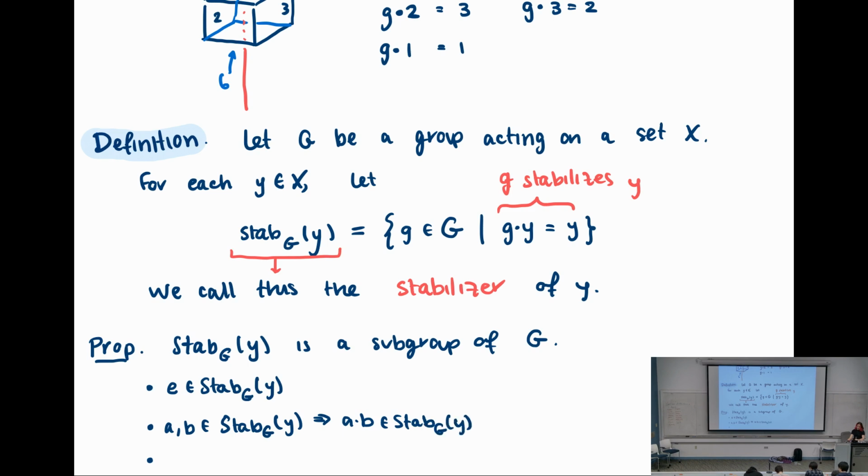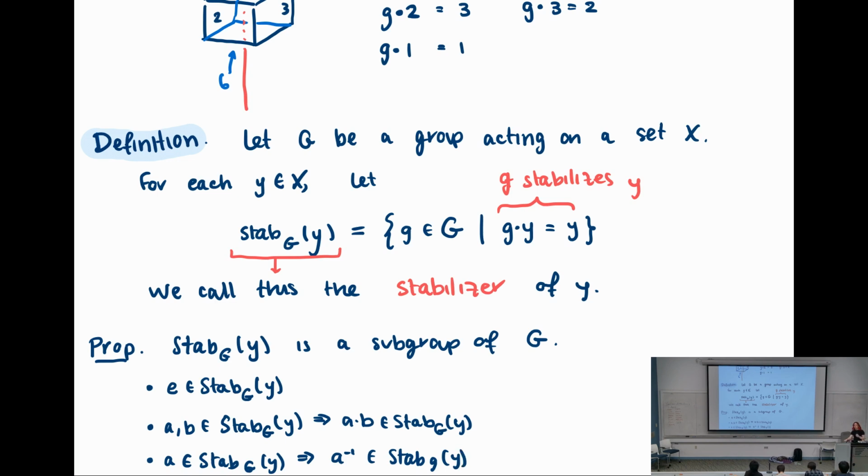And we need inverses as well, because we didn't assume that this was finite. So okay, why is the identity in there?